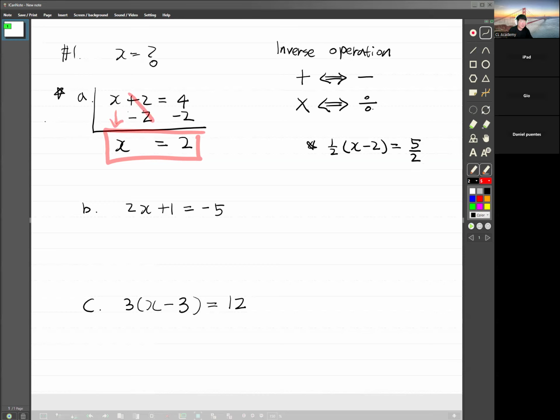Try this one. When you get stuck, let me know. I'll explain.